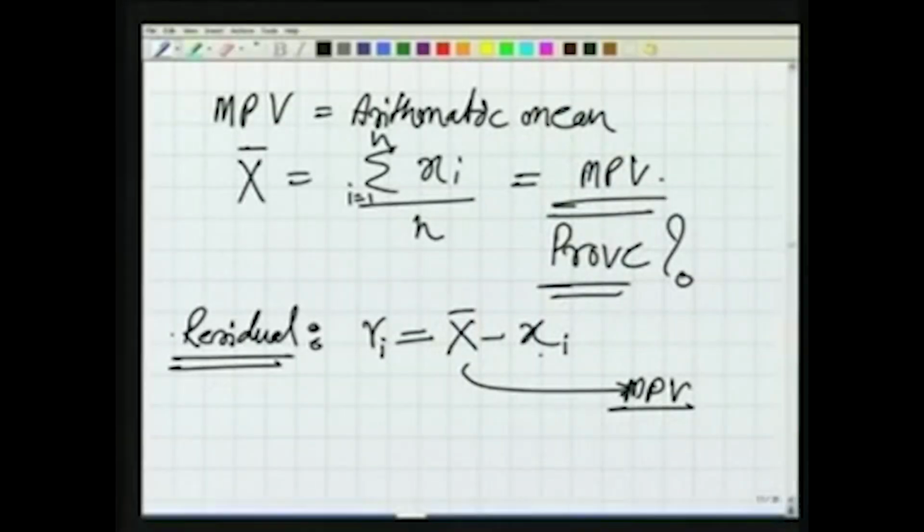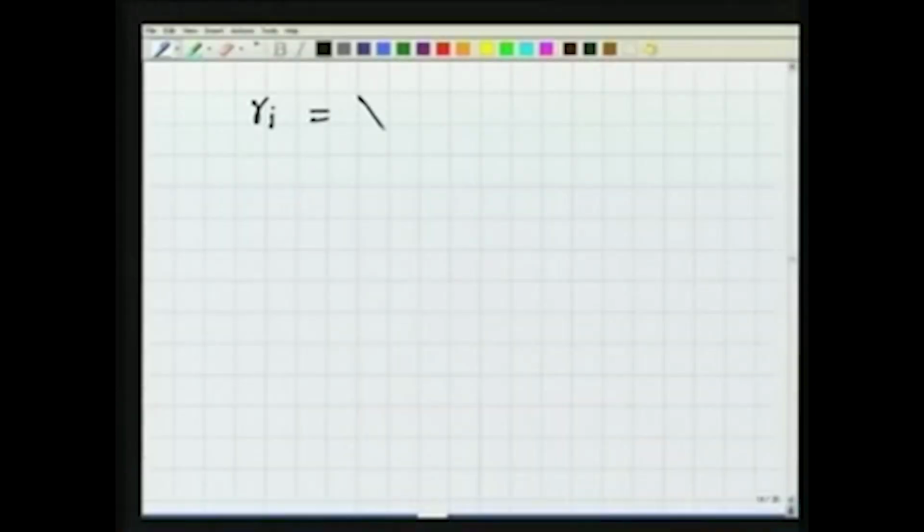Now we will make use of this in order to prove that the most probable value is nothing but the arithmetic mean of the observation. So we had written that our Ri, or the residual, was x bar minus xi. What I do, I sum it up for all the observations.